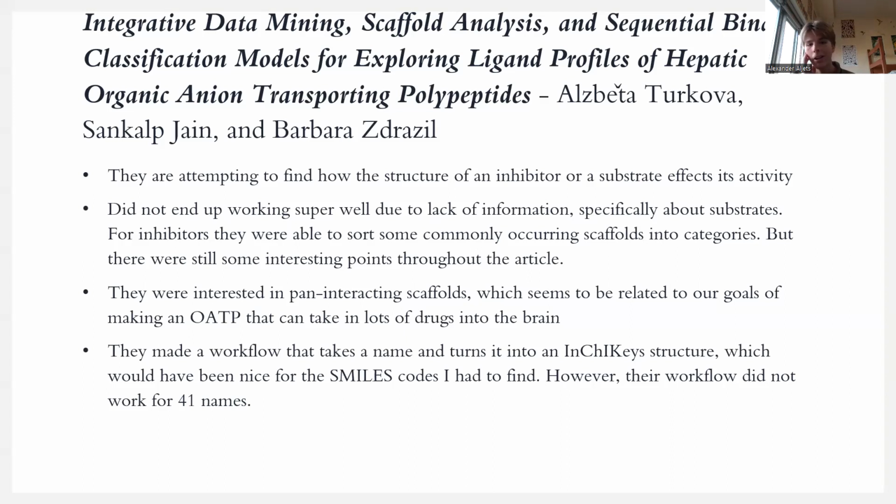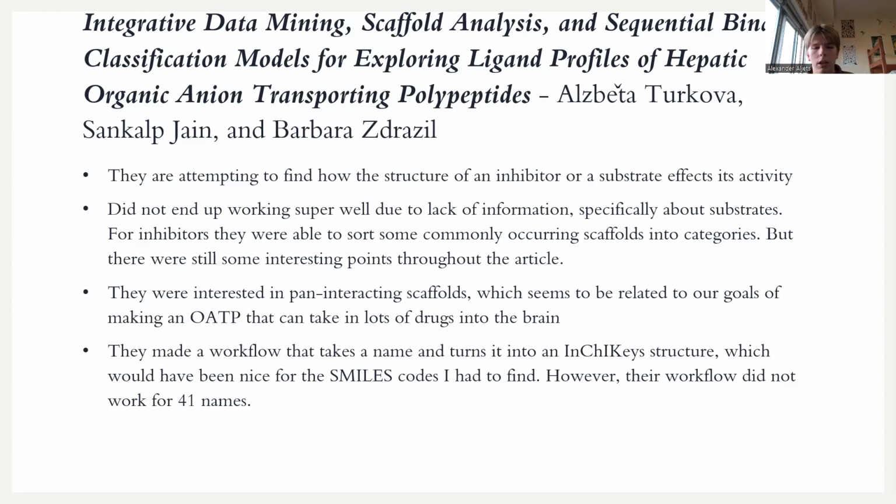They also had a workflow that takes the name of something and turns it into a written identifier for the structure, which is exactly what I was doing for finding the SMILES codes of the Alzheimer's drugs.